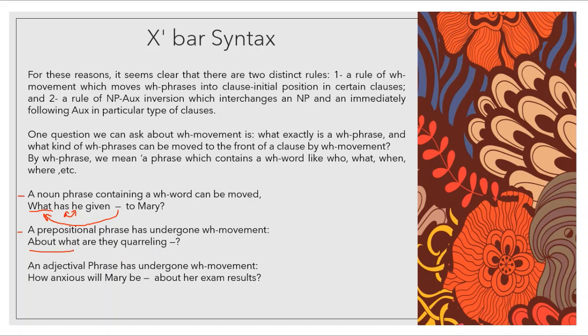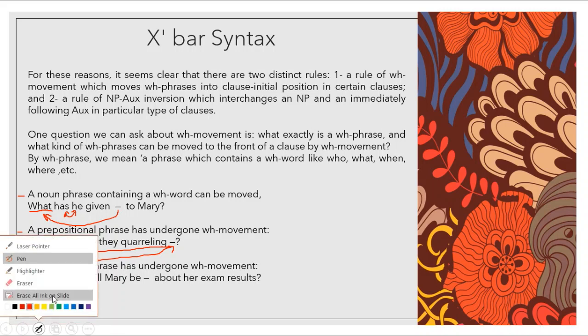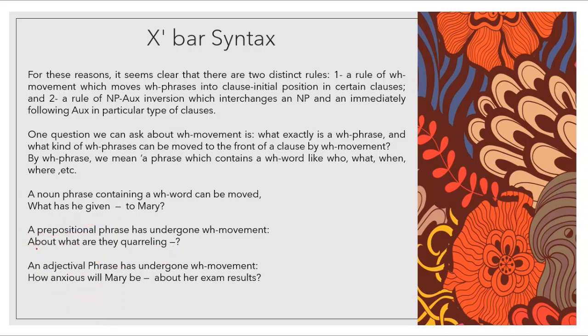About what is a prepositional phrase. Its position was here and because of this WH movement it moved from here to here. And these two swapped places.